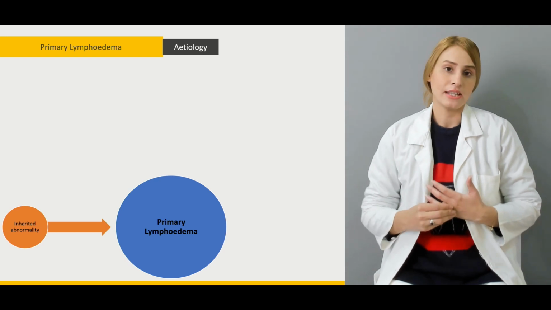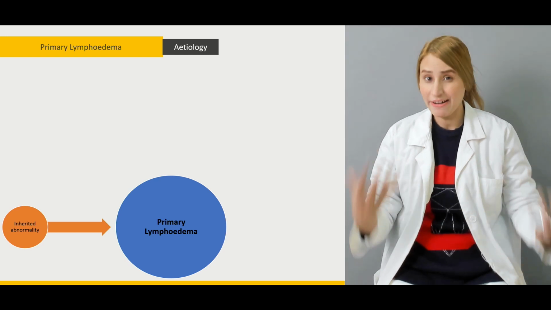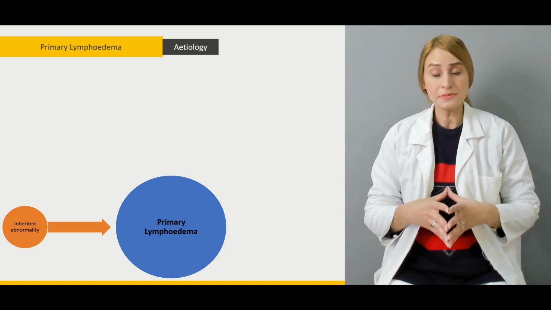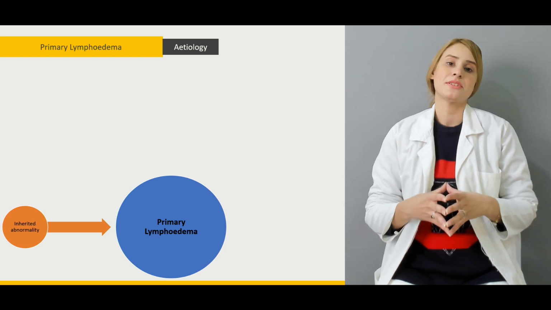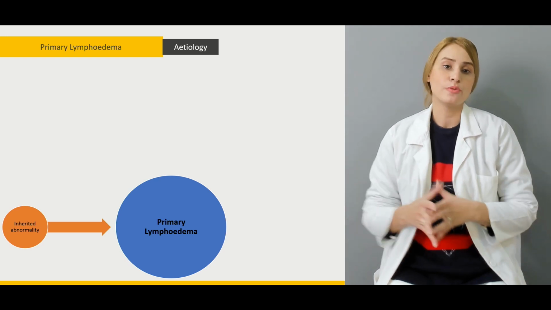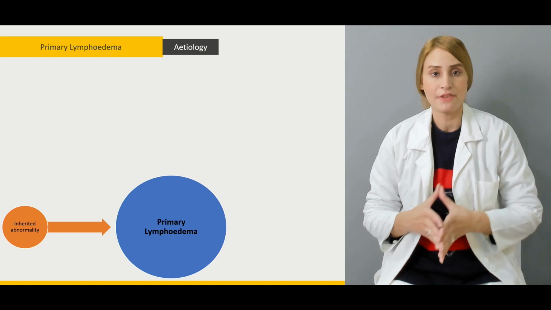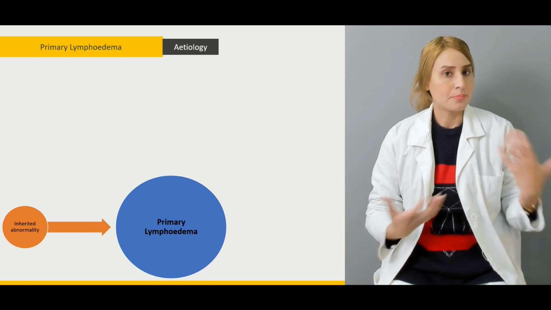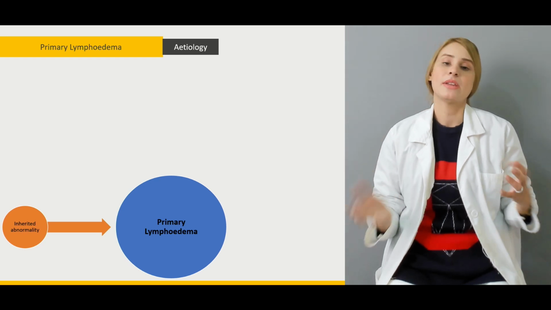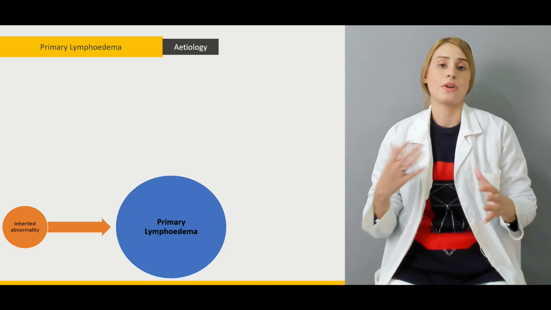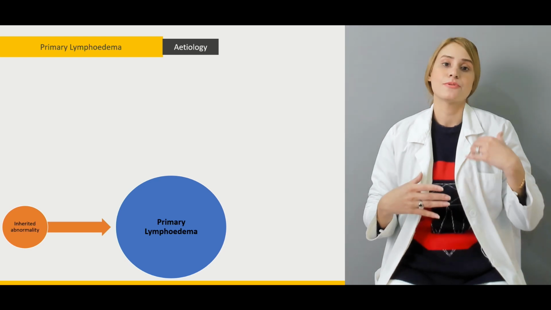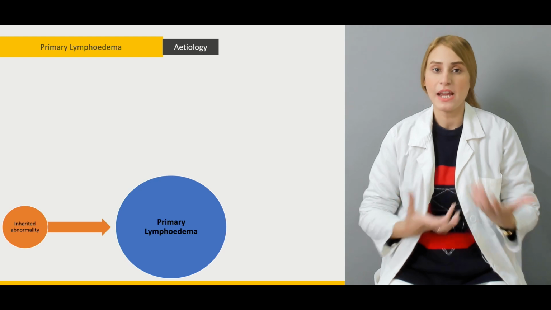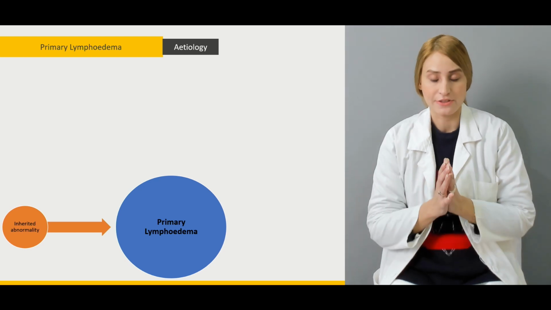Usually there's an inherited mutation in the vascular endothelial growth factor, or sometimes a mutation in the FLT receptors, the FMS-like tyrosine kinase receptors. So there is some kind of syndrome like Milroy syndrome, tuberous sclerosis, or Noonan syndrome, in which mutations usually involve these factors.